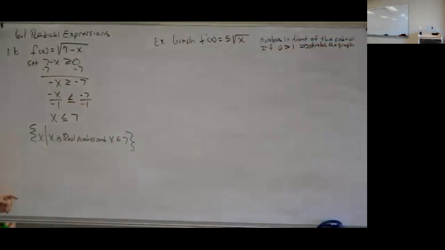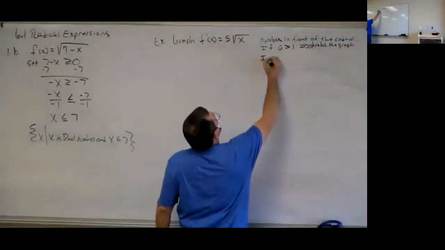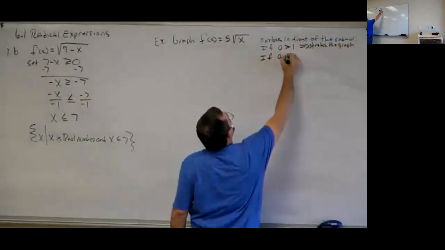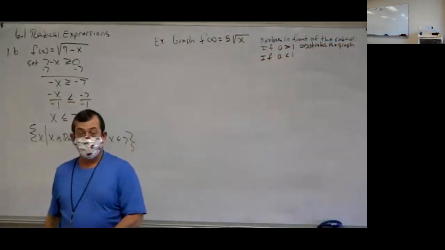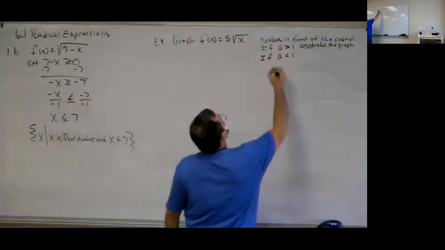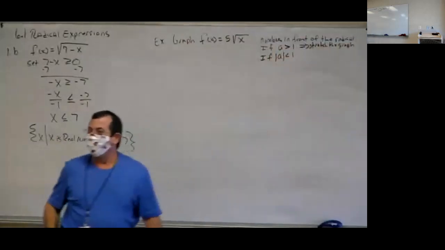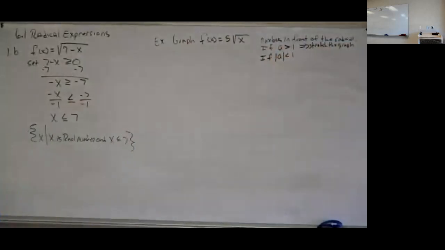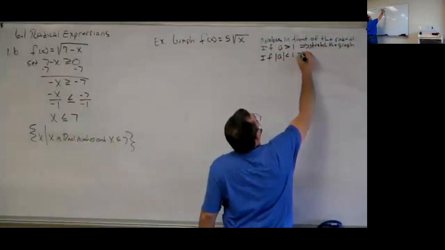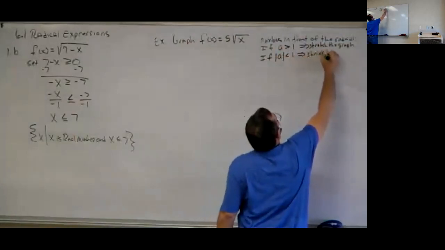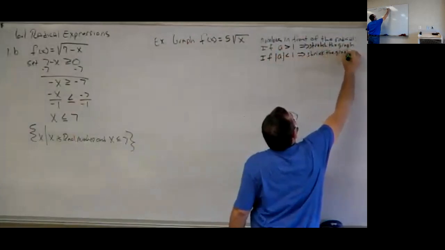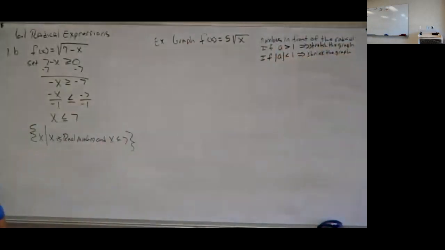So numbers in front stretch it, but if the A is less than 1, such as a fraction, so how about this? How about the absolute value of A? We'll do it like that. So if the absolute value of A is less than 1, then it's going to shrink it down. So if it's a fraction in front, it's going to shrink it down. But you'll be able to tell by what moves you already know about which graphs to pick on this, okay?